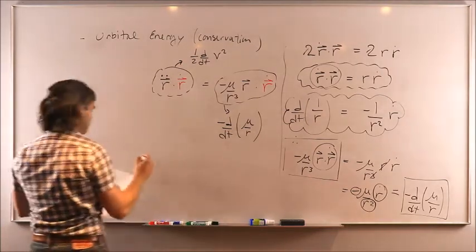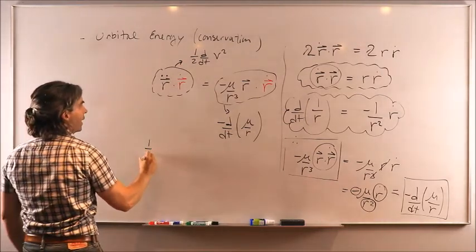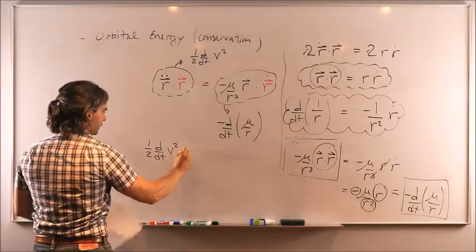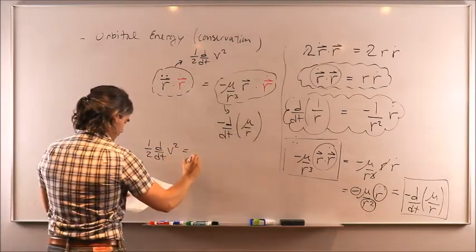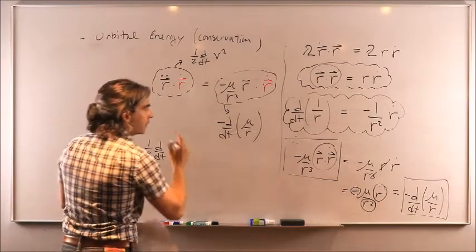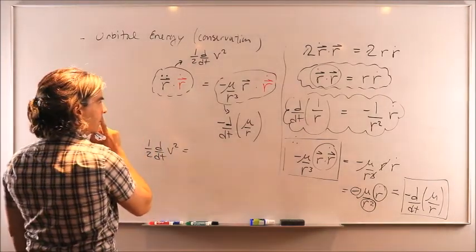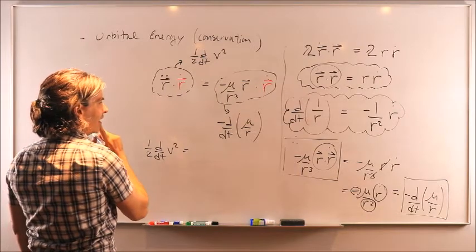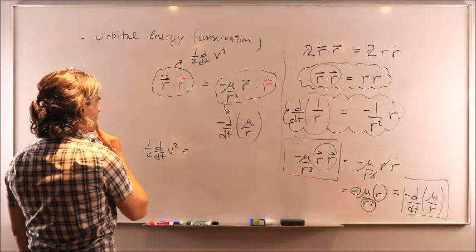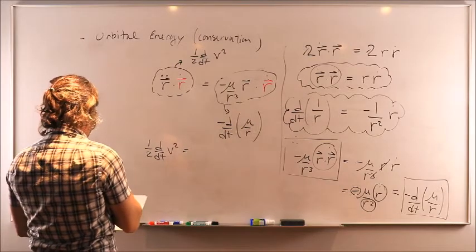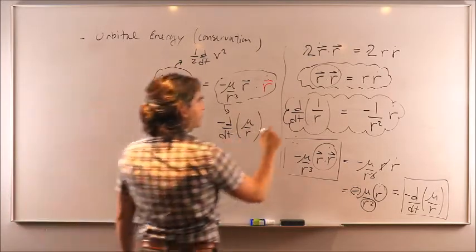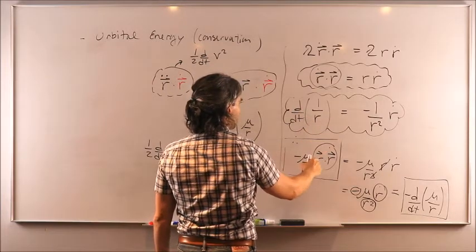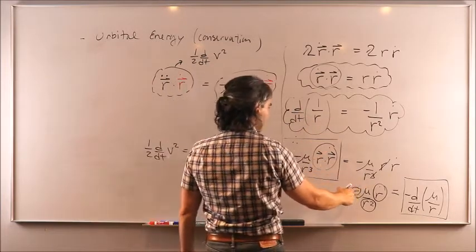So that entire expression now becomes 1/2 d dt of speed squared equal, where did the minus, what happened to my minus? Did I screw up the minus sign? Yes, so that was correct. So minus this is this.